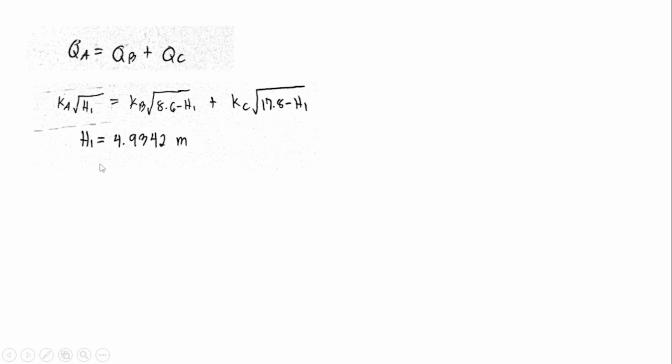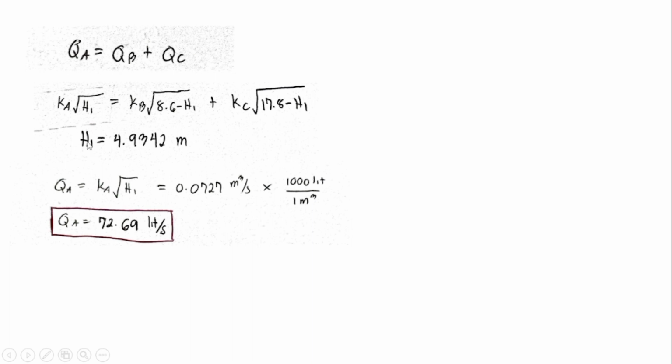So therefore, we can solve for H1. Ka times the square root of H1 is equal to Kb times the square root of 8.6 minus H1, plus Kc times the square root of 17.8 minus H1. So the value of H1 here is 4.9342 meters.